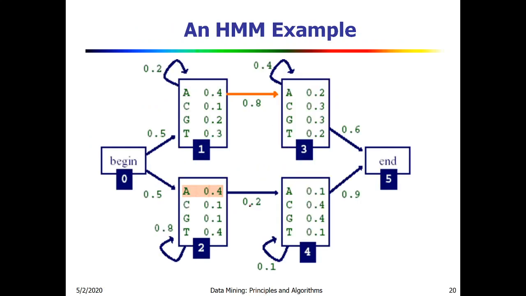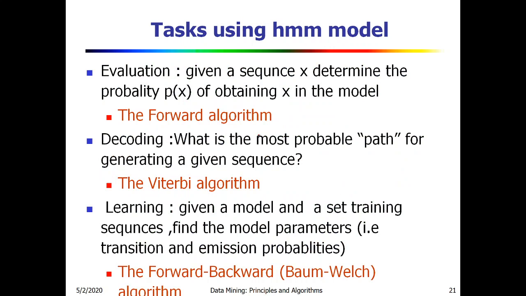When you take an example over here, you can see that every state is given its own state values as well as the emission values and also the transition values. Based upon the state values, emission values and transitions, we are going to find out using methods like the forward algorithm, the Viterbi algorithm or the forward backward algorithm.